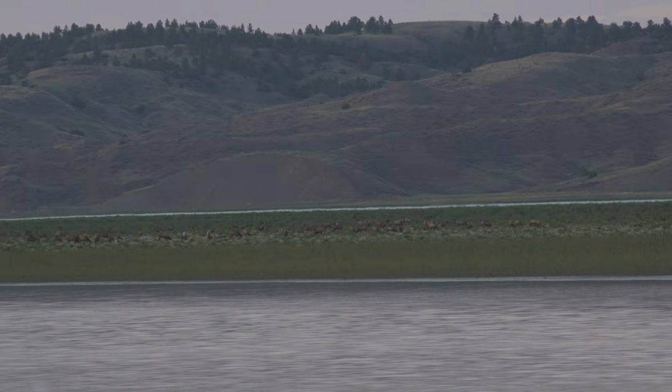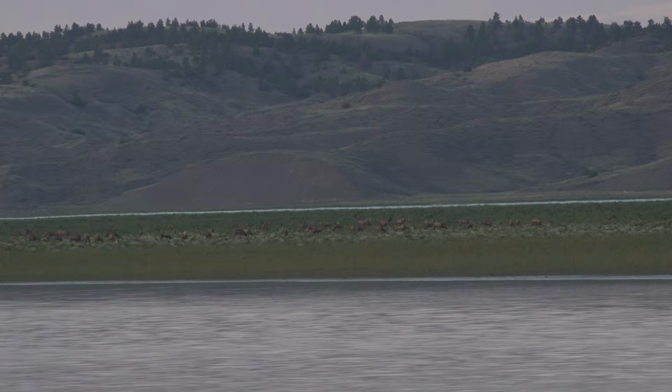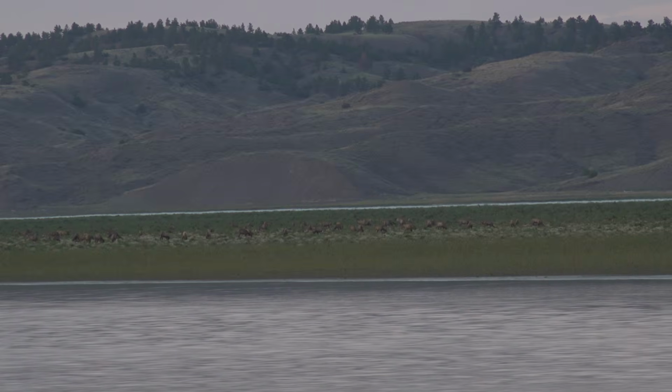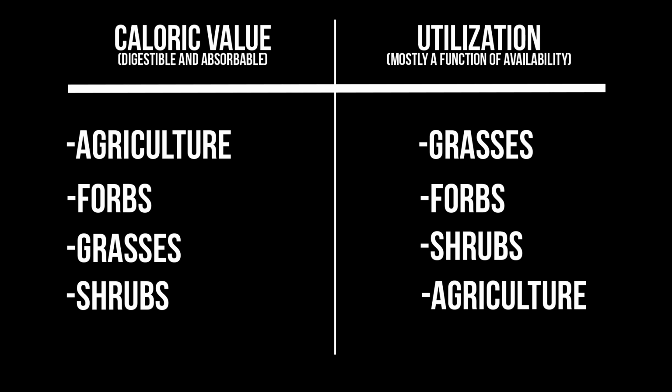There's not a lot of center pivots out there on the BLM and Forest Service. So we're going to focus on e-scouting these natural landscapes. In order to think about it that way, we should focus on utilization, because that's a function of availability during the periods we are hunting. Under that scenario, we would rank utilization as grasses first, forbs second, and shrubs third.